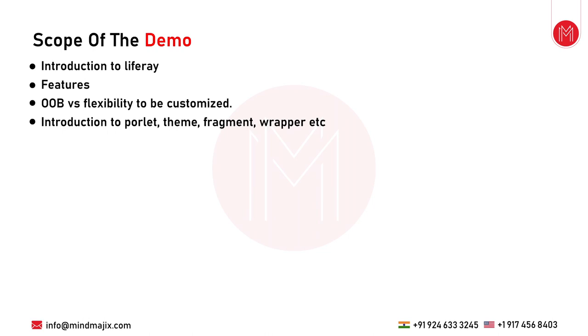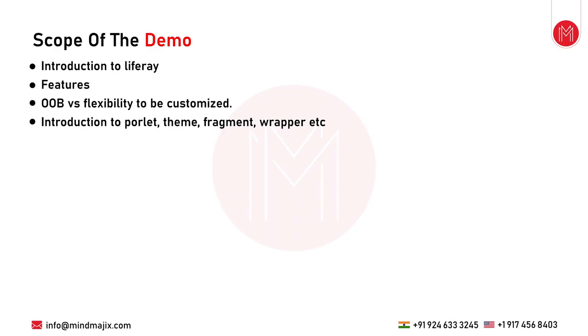If I put it in a single line: if the same application is done in Java, it may take a year, but in Liferay it may take 3 to 4 months. That saves time and cost, which benefits the organization and the client as well. Now let's talk about the features available in Liferay.